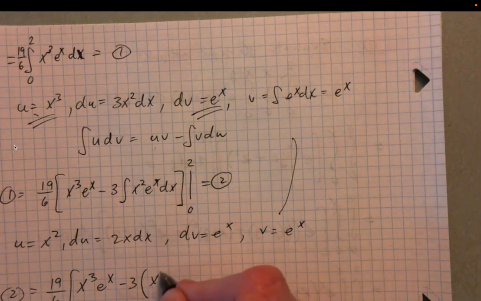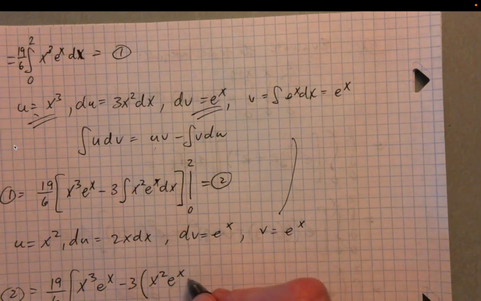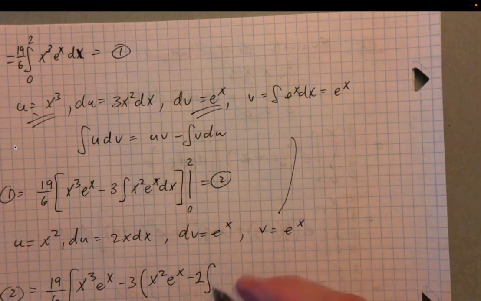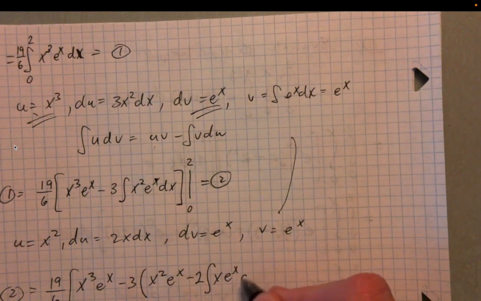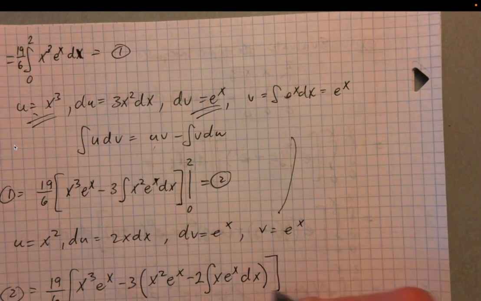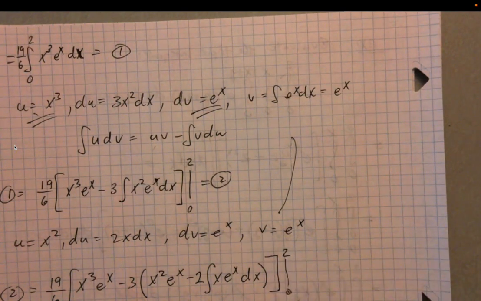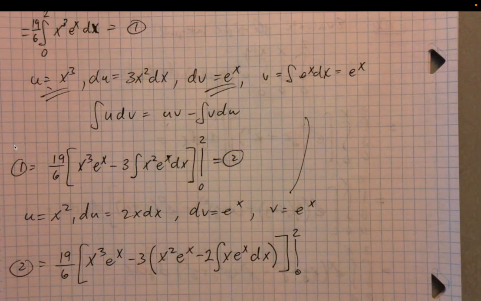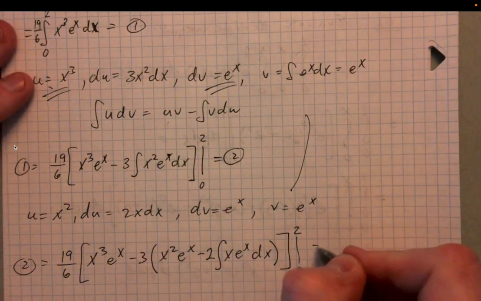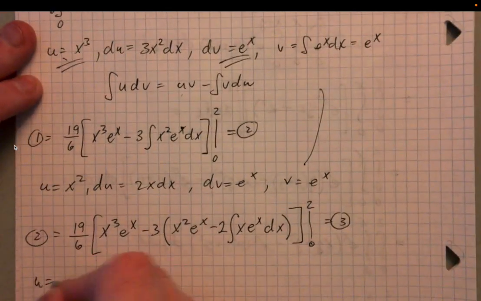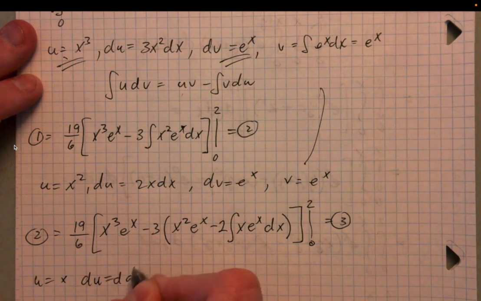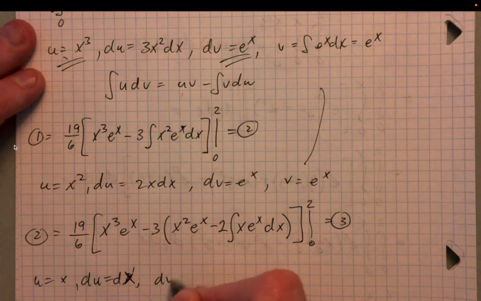We'll say x squared e to the x minus 2 times the integral of x e to the x dx. And yet again, we'll have to use integration by parts a third time. Okay, so u is equal to x, du is dx, dv is e to the x, and v is equal to e to the x.